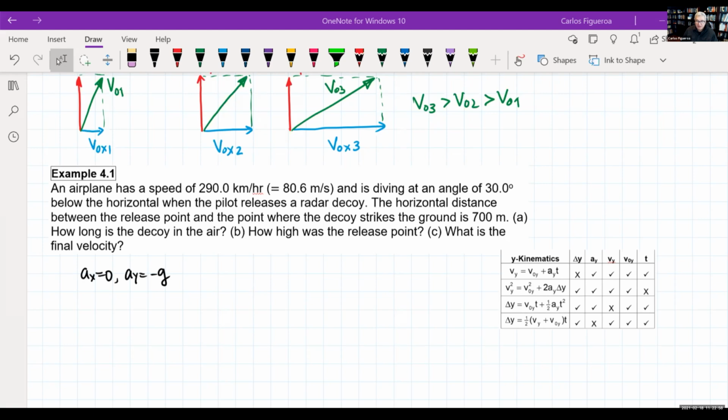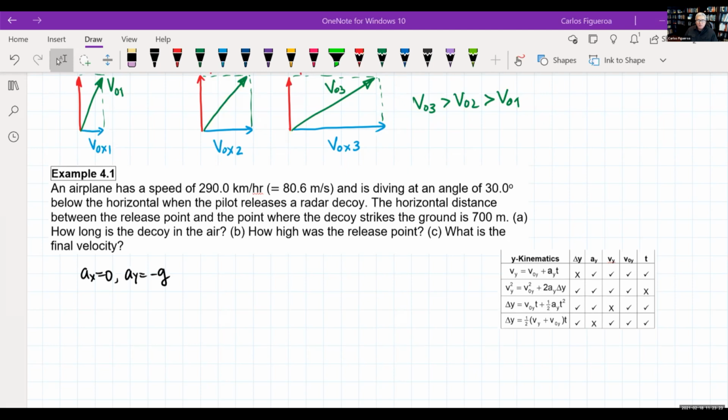The horizontal distance between the release point and the point where the decoy strikes the ground is 700 meters. A, how long is the decoy in the air? B, how high was the release point? C, what is the final velocity of the decoy?